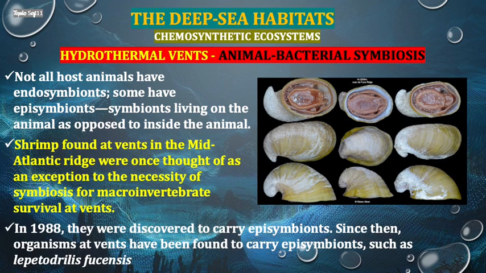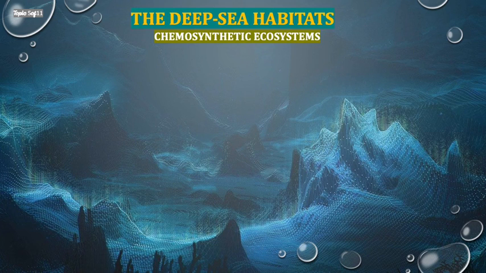But that changed in 1988 when the scientists discovered an episymbiosis in the hydrothermal vents. An example of this is Lepidophthalmus phocensis, like the one in the picture, that has an episymbiosis relationship.